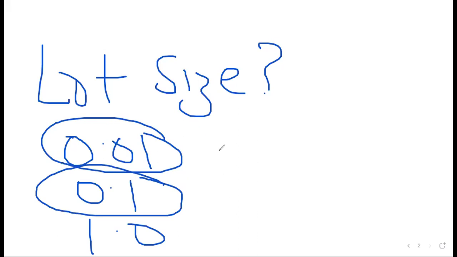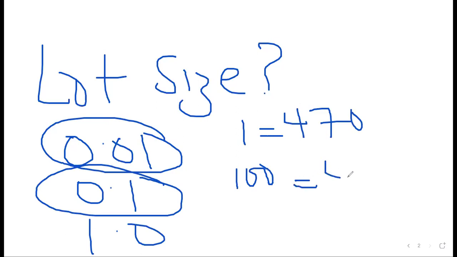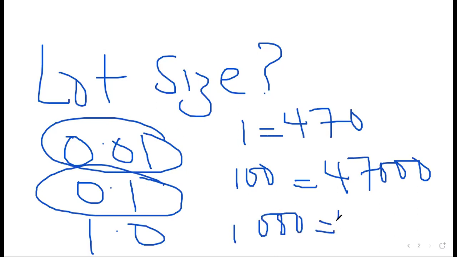For example, if you're to buy $1, you spend an equivalent of 470 naira. If you're to buy $100, you've spent 47,000. And if you're to buy 1,000, you're going to spend 470,000.